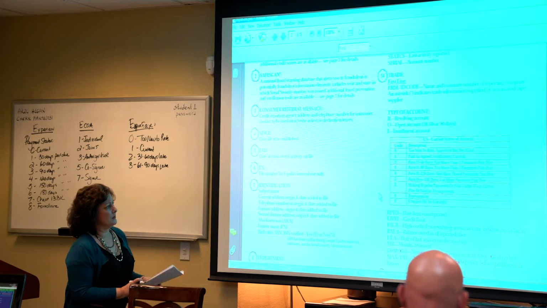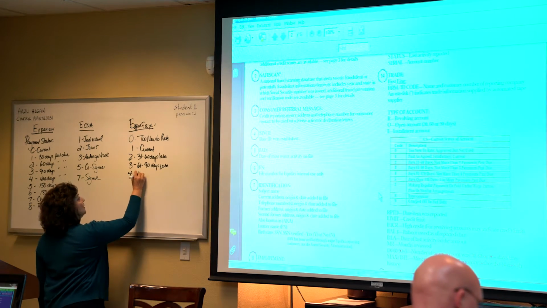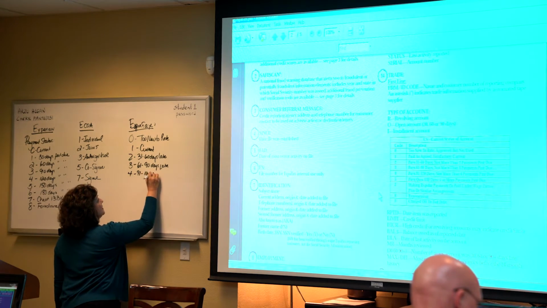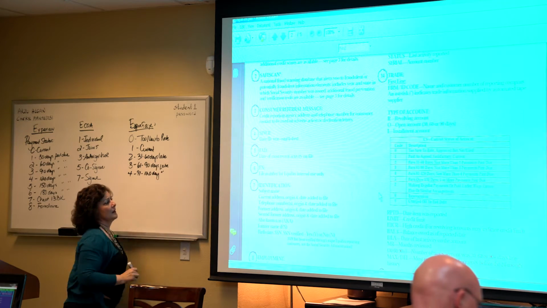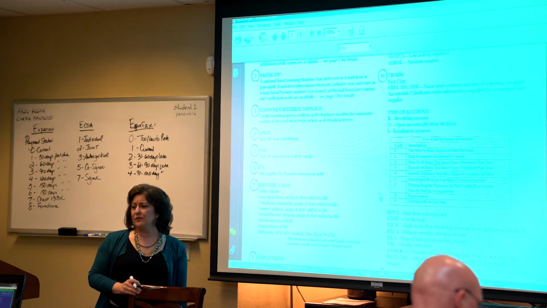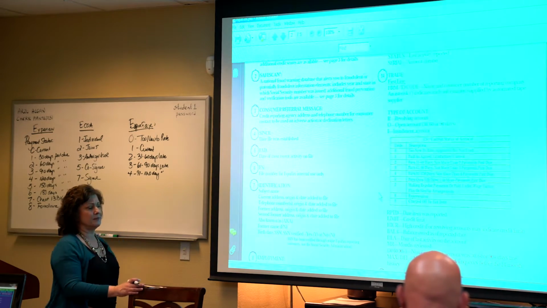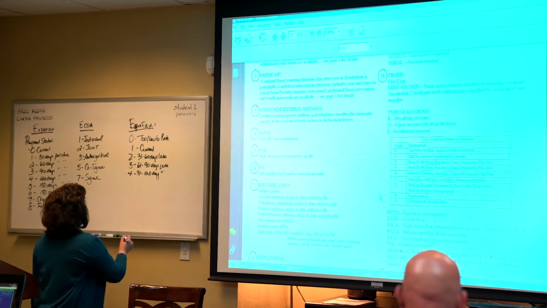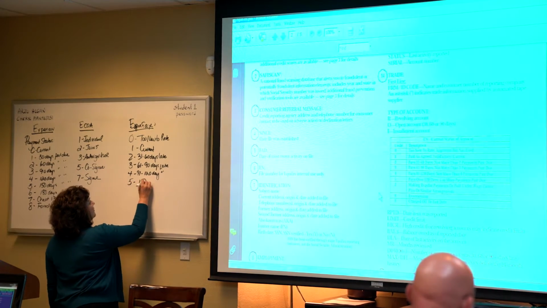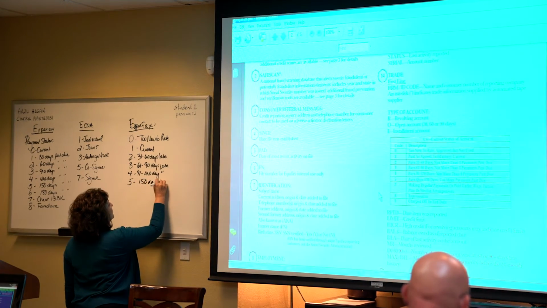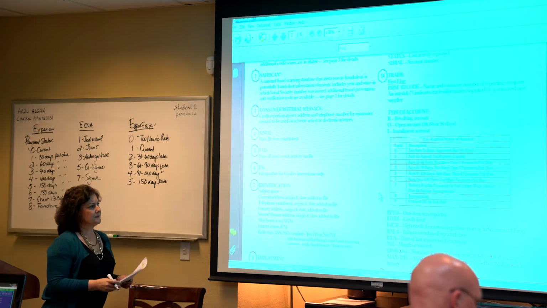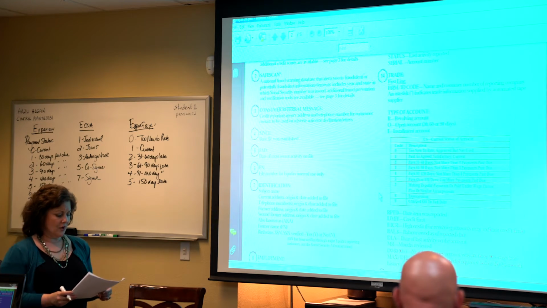And then 4, we're moving up, 91 to 120 days late. 5, your consumer is rated at paying over 150 days late, typically 5 or more payments. So 5 is 150 days late.